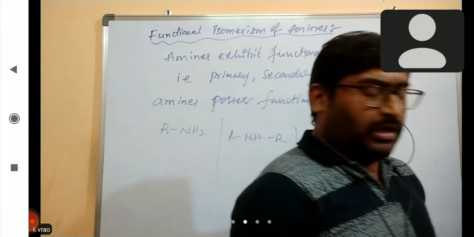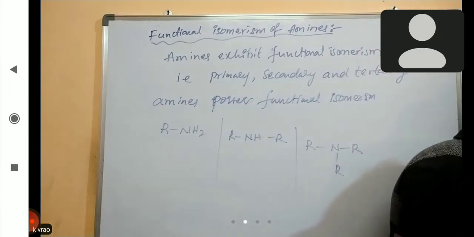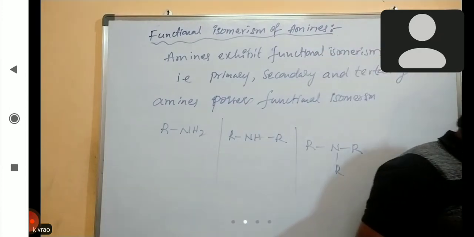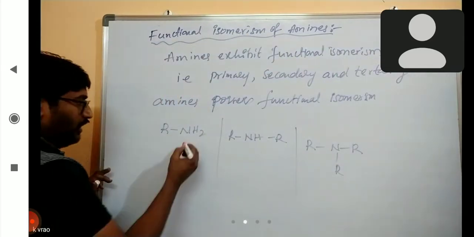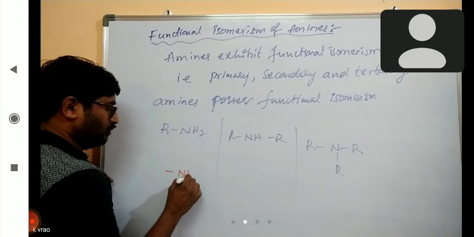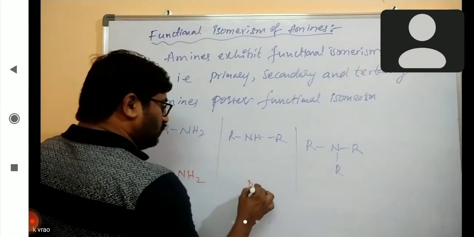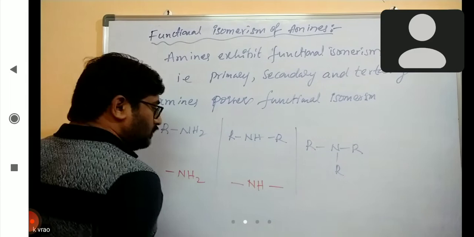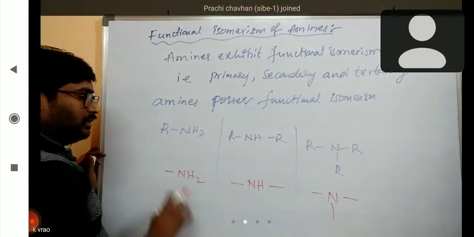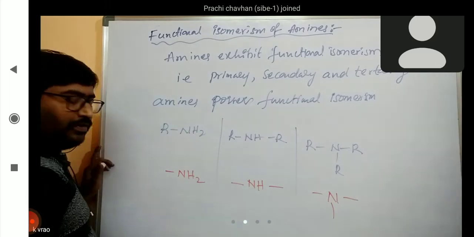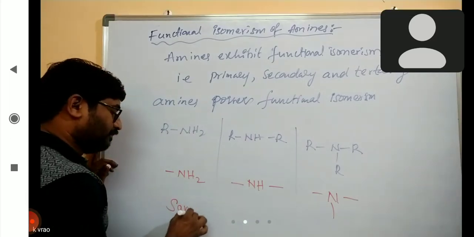Primary amines, secondary amines, and tertiary amines contain the same molecular formula, but their functional group is different. So here the functional group is NH2, here the functional group is NH, and here the functional group is N. So these three have different functional groups with the same molecular formula.